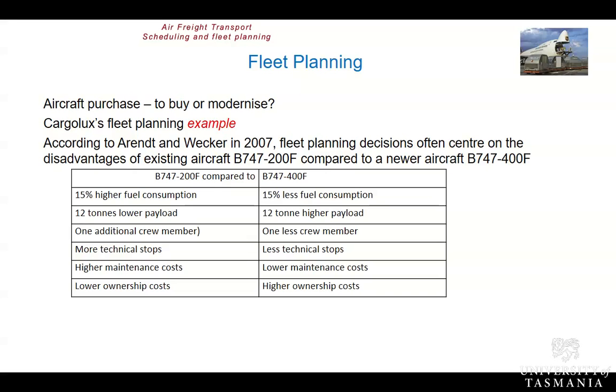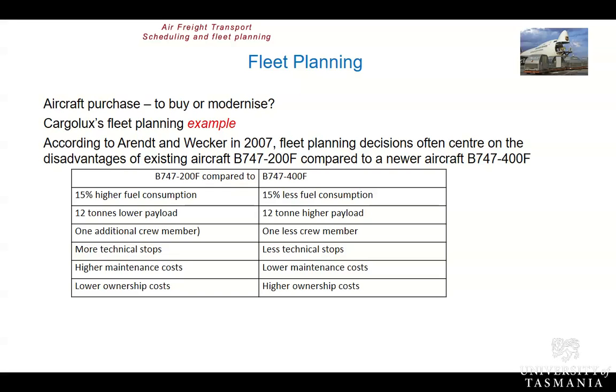They did a comparison, and what they found is that on pretty well every single element, the Boeing 400-F freighter was ahead. It had 15% less fuel consumption, 12-tonne higher payload, one less crew number, less technical stops, lower maintenance, so it's got every single thing.